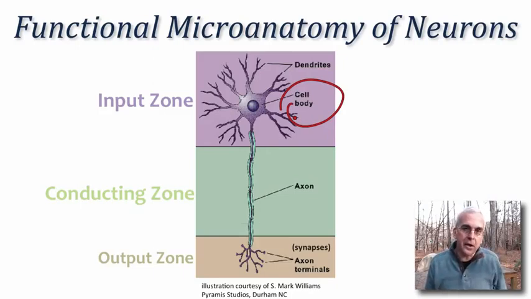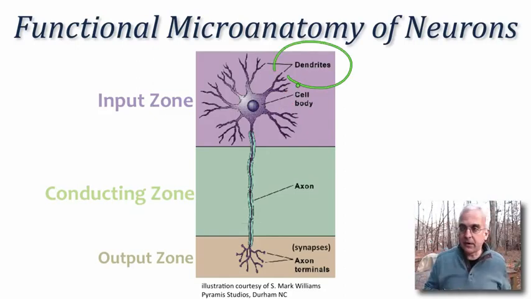Now, from that cell body grow out numerous different sorts of protoplasmic extensions. And I'd like to draw your attention to one set of extensions, which are typically short, about 100 microns in length, and they emanate in all different directions from the cell body. These are called dendrites. Now, dendrites are very important for the microanatomy of a neuron because they extend the surface area that allows the cell to receive inputs from other neurons.